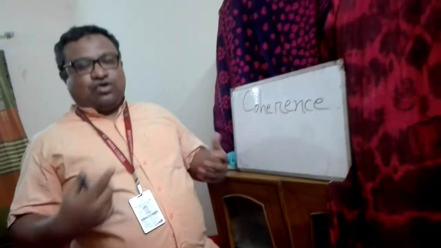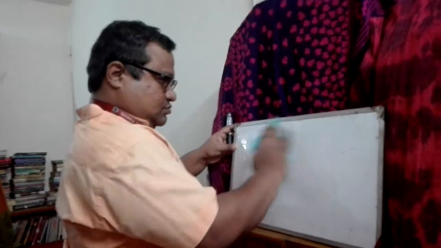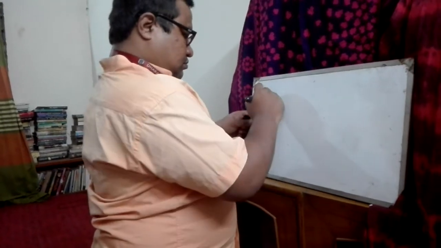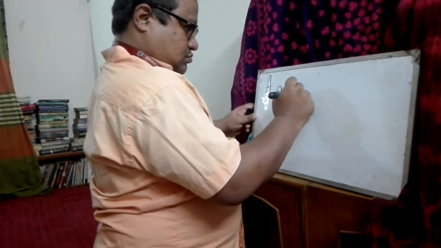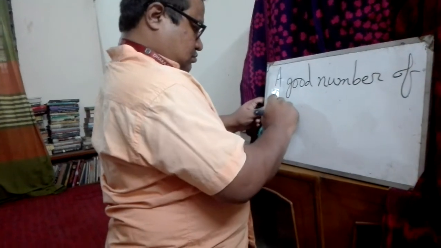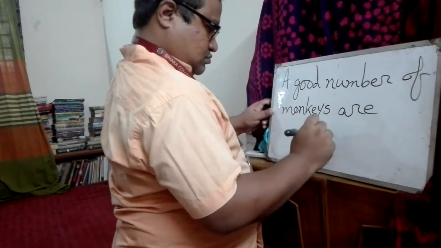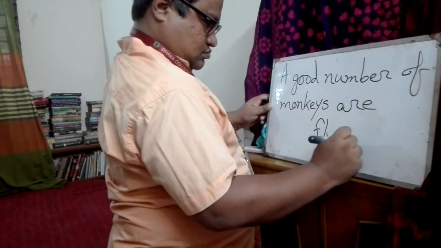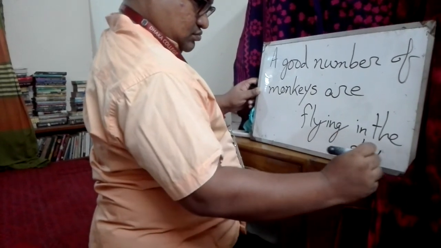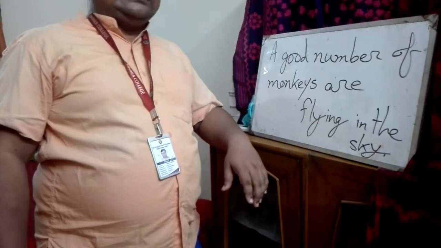So what is logical and contextual unity? Suppose I am saying, a good number of monkeys are flying in the sky.